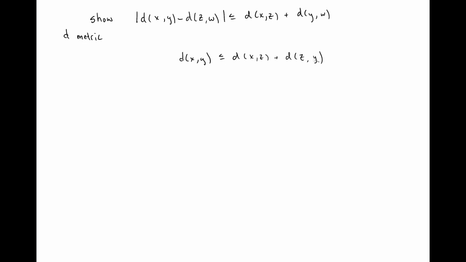And then what we have here is d(x,y) minus d(z,y) less than or equal to d(x,z). Okay. So what do we have here?